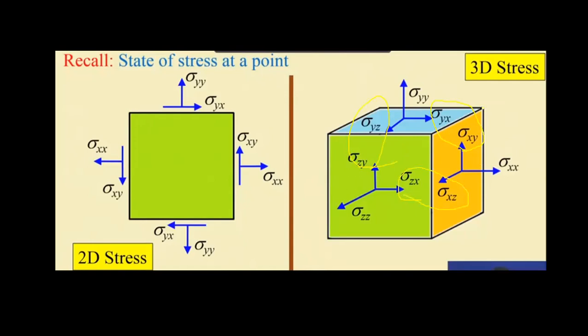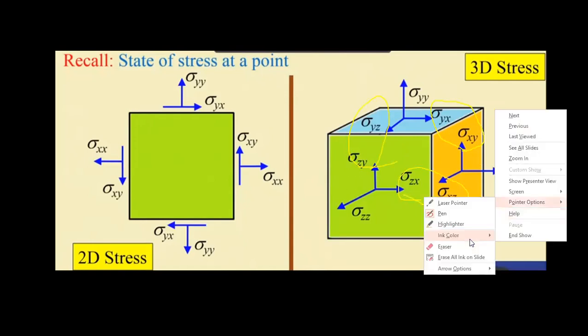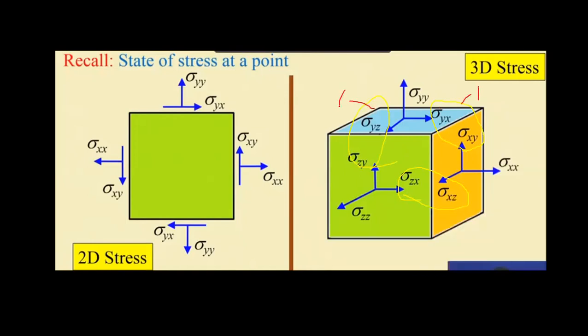That means this becomes 3 unknown shear stresses and 3 normal stresses.